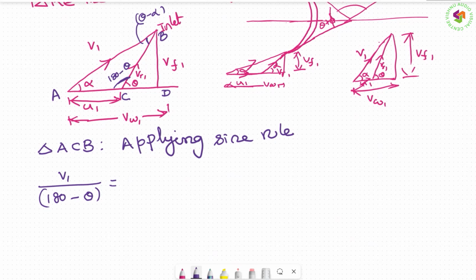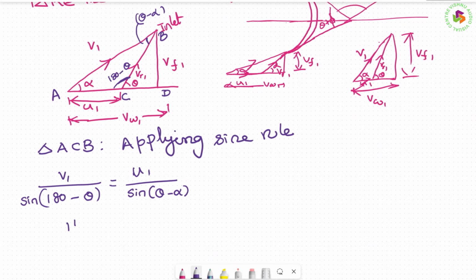So AC, straight away I will write, AC means U1 divided by sine of theta minus alpha. Then automatically V1, how much they have given, V1 is equal to 15.